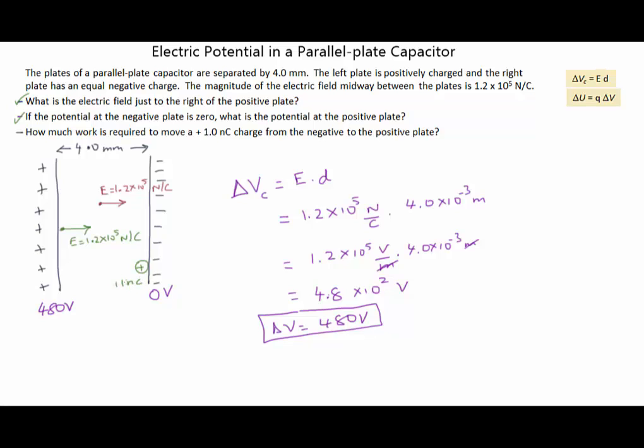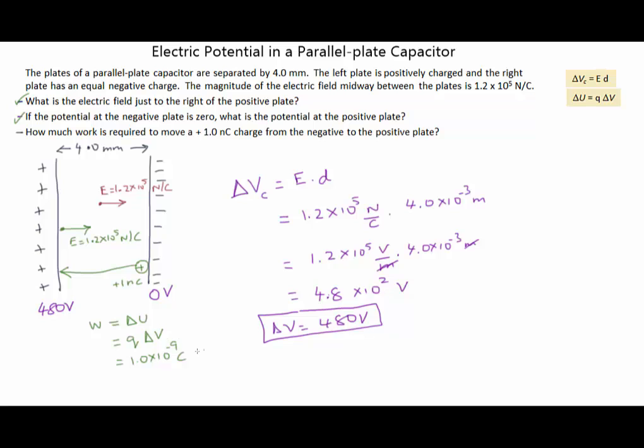The last part was asking for the work that I would require to move a plus 1 nanocoulomb charge from the negative plate all the way to the positive plate. So to do this, I just have to remind myself that the only thing that's changing as I make that movement is the potential energy. So the work would simply be equal to the potential energy gained by that positive charge, which simply is Q times delta V. I've been given Q is 1.0 times 10 to the negative 9 coulomb.